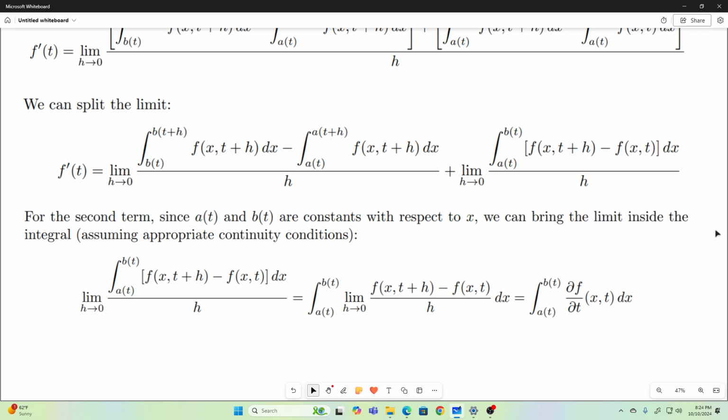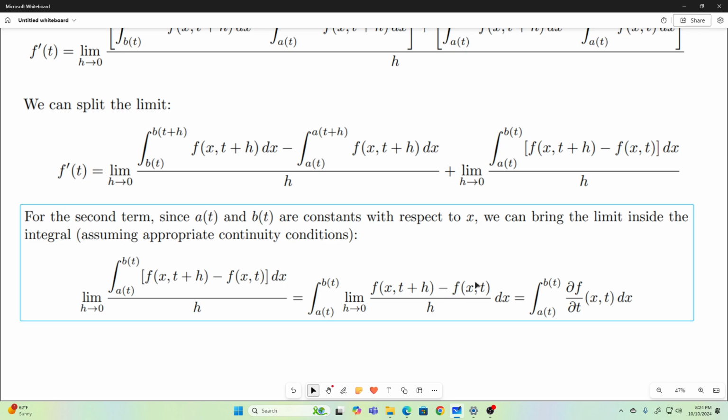All right. So for the second term, since a and t and b and t are constants with respect to x, we're just going to bring that limit right inside the integral sign, because remember what an integral is. It's a sum. And the sum of a limit is equal to the limit of a sum. So we're just going to bring that limit right inside.